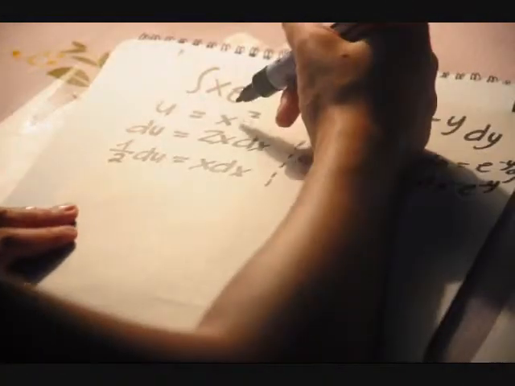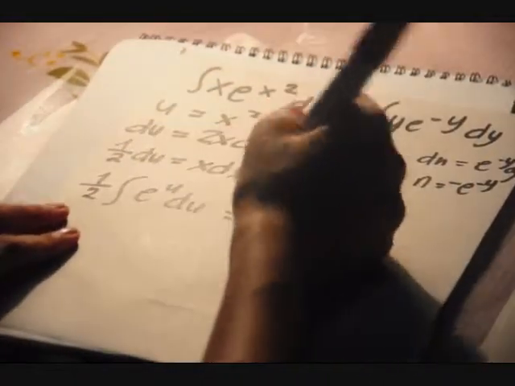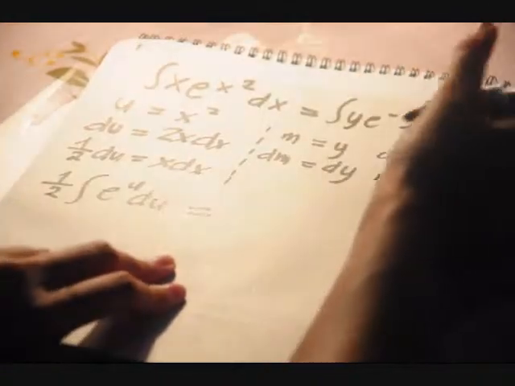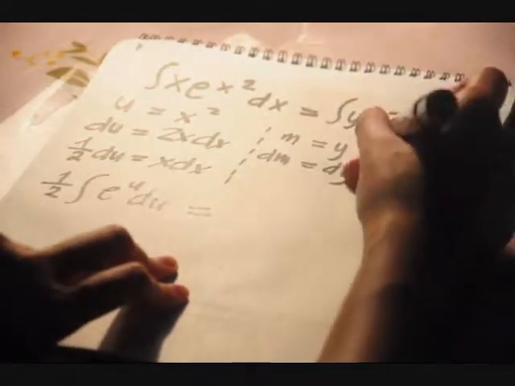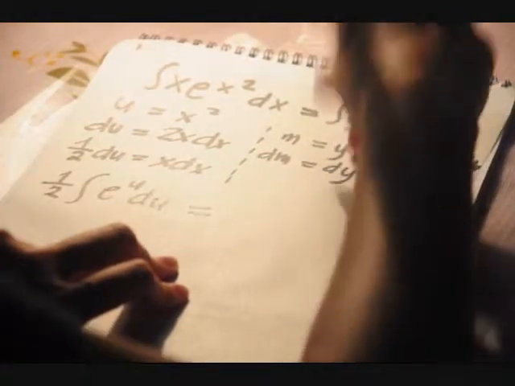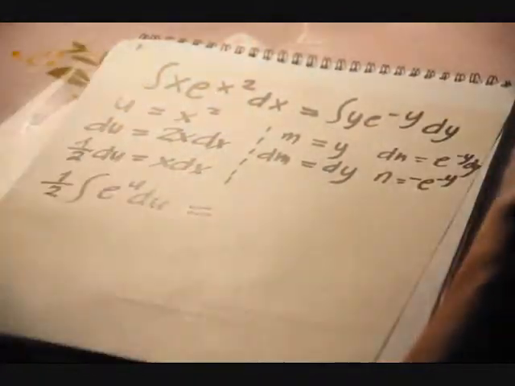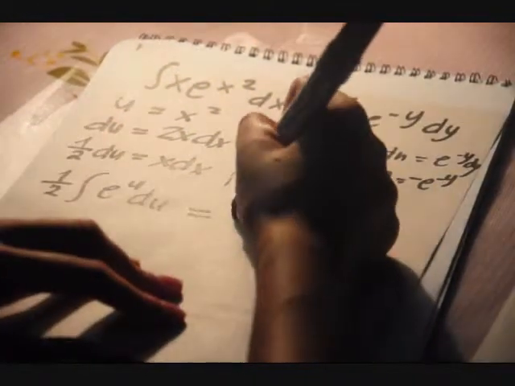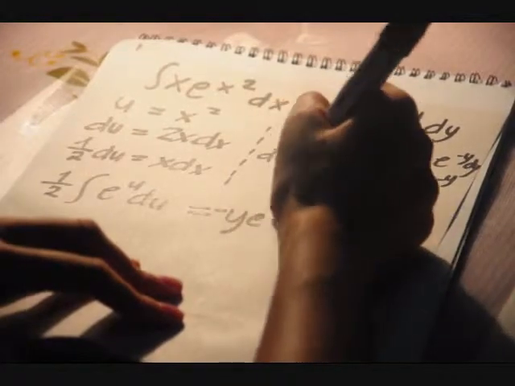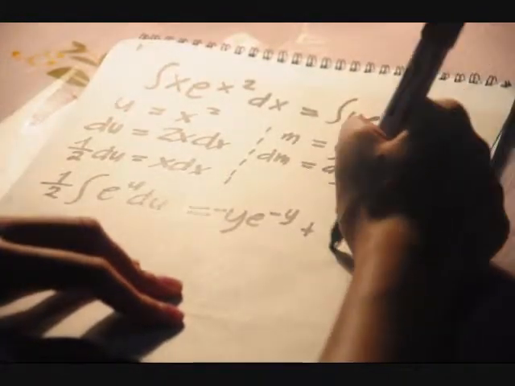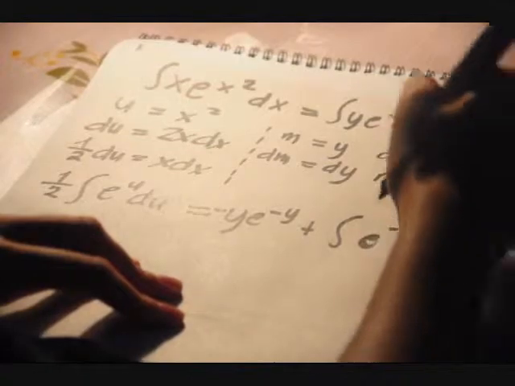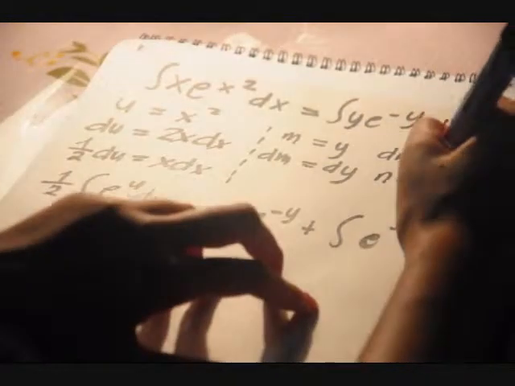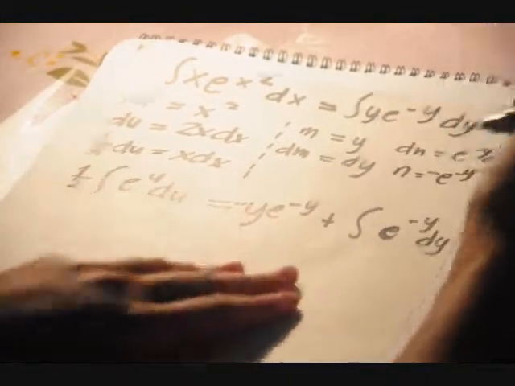So in this left side, I will have now 1 half times the antiderivative of e^u du, and in the right side, using integration by parts, we have uv minus the integral of v du, and in my equation we have mn minus the integral of n dm. So negative y e raised to negative y plus the antiderivative of e raised to negative y dy.